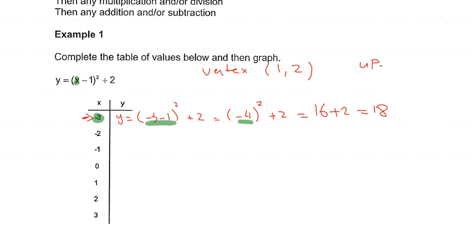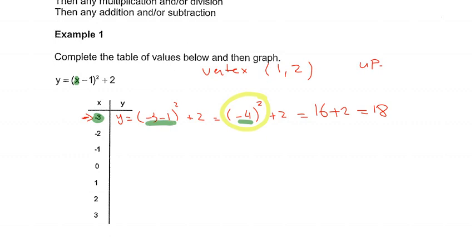After brackets, I have exponents. So exponents mean I have to do the negative 4 squared. Negative 4 squared gives me 16, because negative 4 times negative 4 is plus 16.